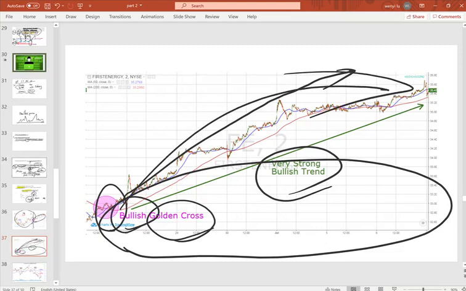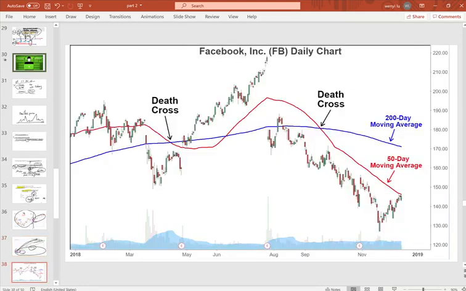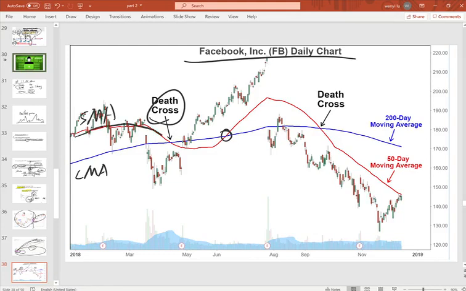And that's for the golden cross. We can also see this example for Facebook. It's not just for the golden cross, it also has a death cross. At the beginning of 2018, our long-term moving average is below our short-term moving average, and then the short-term moving average crosses the long-term moving average to below.